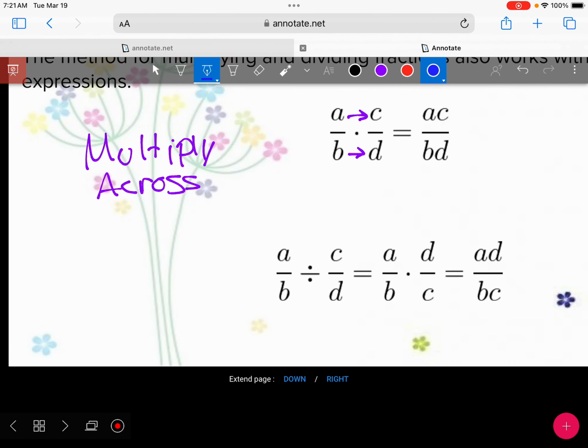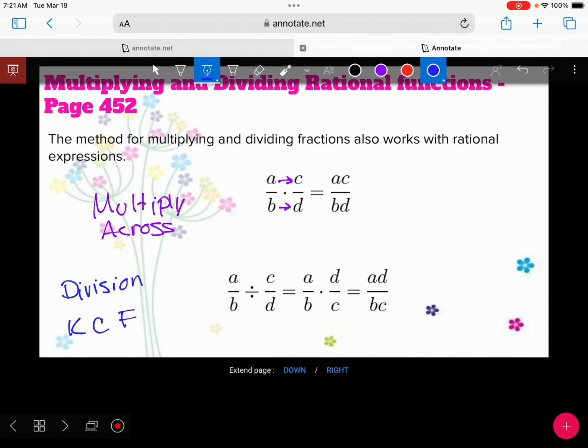When we have division, it's keep, change, flip. And then we multiply across. So it's the same way we've been multiplying and dividing fractions for forever.